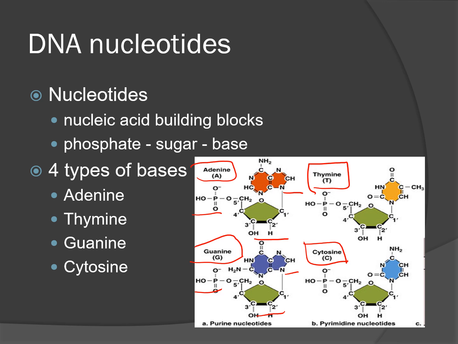And that's the repeating unit of DNA to make up the polymer. And the base is going to be one of these four bases, either A, T, G, or C. The phosphate and the sugar are the same for every nucleotide. The only part that's different is the base, either A, T, G, or C.